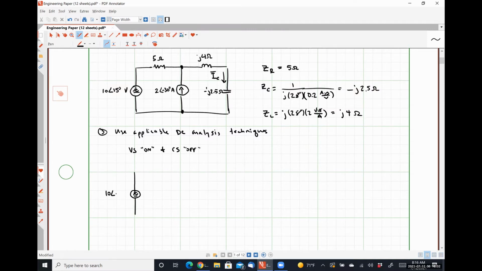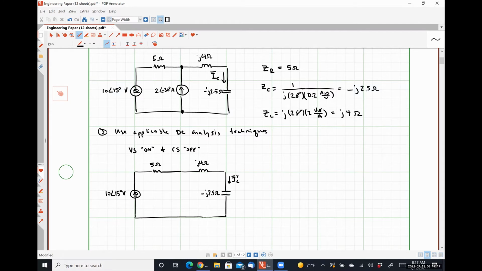We'd have 10 angle 15 degrees volts, our 5 ohm resistor, our j4 ohm inductor, our minus j2.5 ohm capacitor. And recall that since we are turning the current source off, we just replace it with an open circuit or we pluck it out of the circuit entirely. I'm going to call this current IC prime.